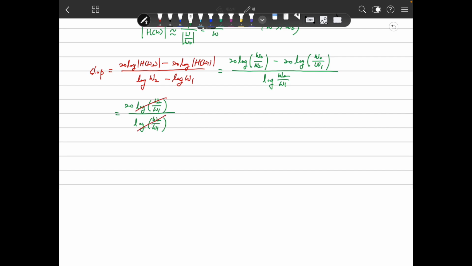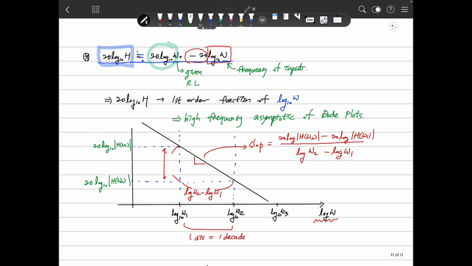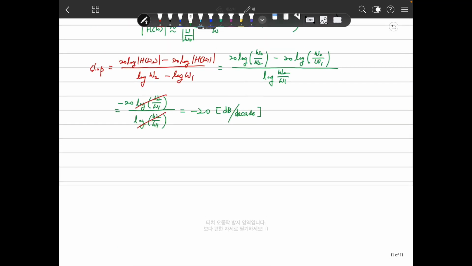So omega 0 is eliminated in this manner. We have one thing, this is minus, so that will be minus 20 dB per decade. So this is the slope of this form. Especially in these low pass filter cases, this is the slope of the frequency response at high frequency.